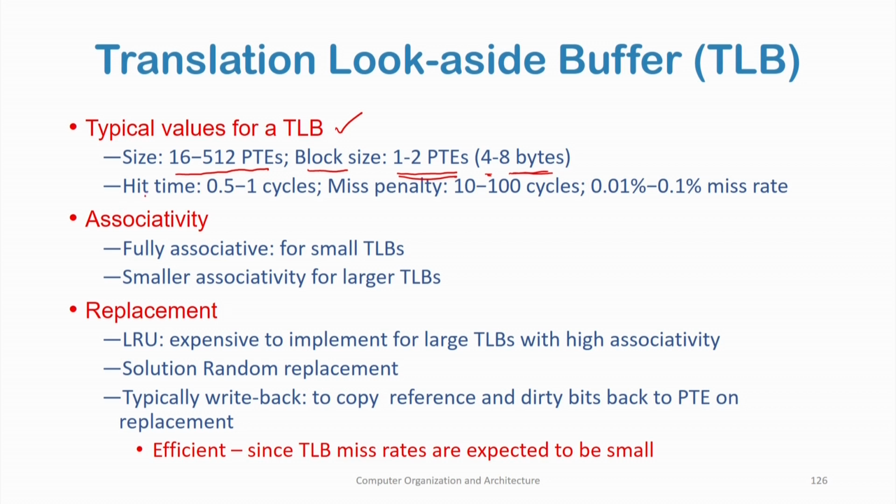The hit time of a TLB is very fast, typically of the order of 0.5 to 1 cycle. A miss penalty would result in going to the lower level of memory, and therefore it will be around 10 to 100 cycles. Why this big difference?